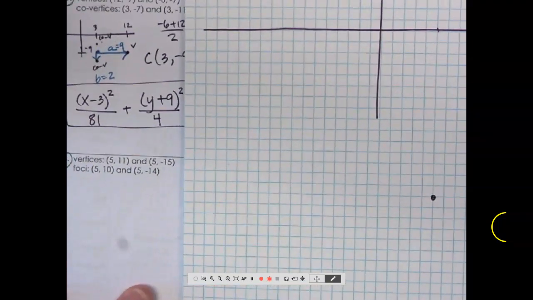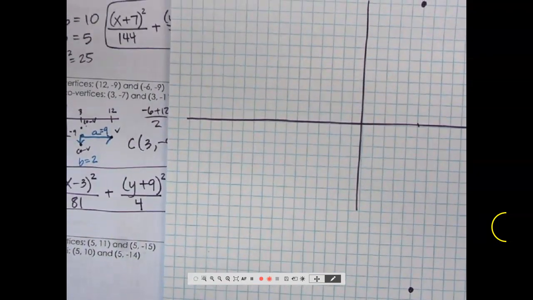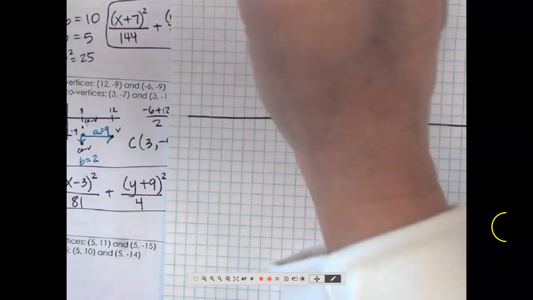Those are my vertices. Okay, so is this vertical or horizontal? Vertical. So it's a vertical ellipse.